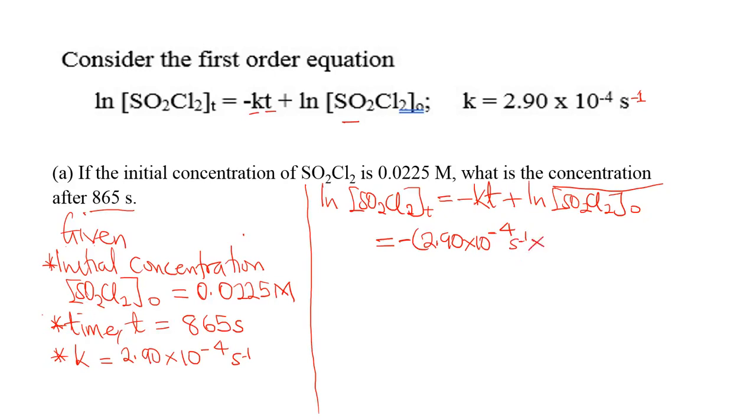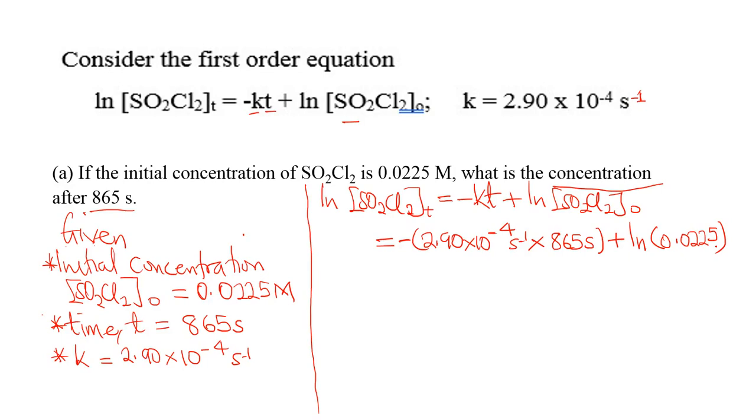Then we put our time for t, which is 865 seconds. Then plus the natural log of the initial concentration, 0.0225.